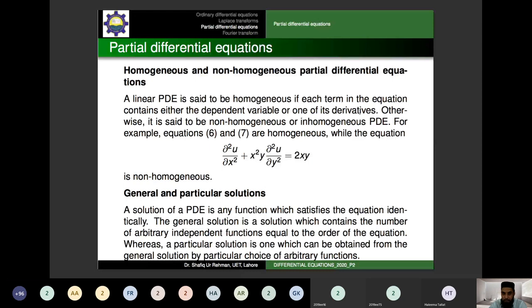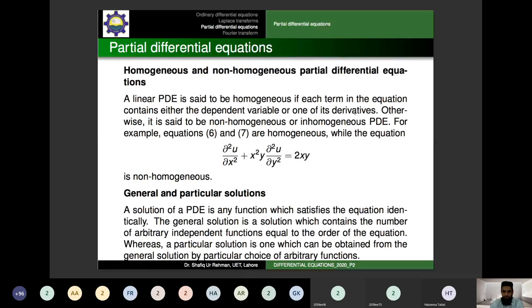So a linear partial differential equation is said to be homogeneous if each term in the equation contains either the dependent variable or one of its derivatives, no matter what the order of the derivative is. Otherwise, it is said to be a non-homogeneous partial differential equation.